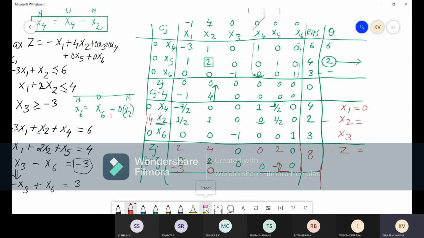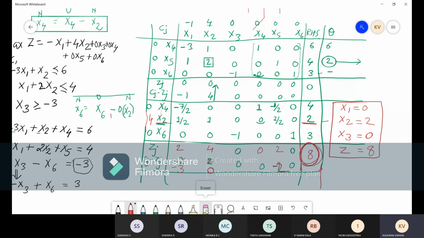The value of x2 is in RHS, this 2. So x2 is equal to 2. There is no x3, so 0. And what will be the value of z? Z is the last iteration's value, this value. So z is equal to 8. And then you can highlight this, saying that this is your answer.